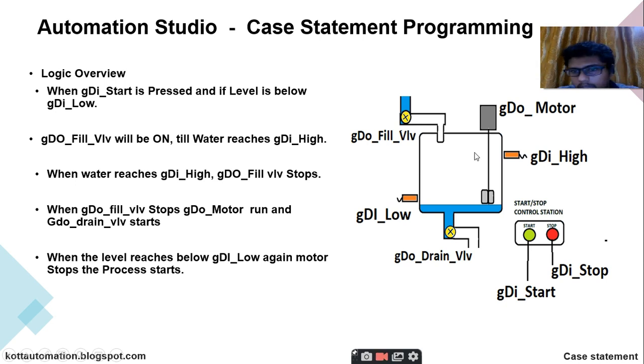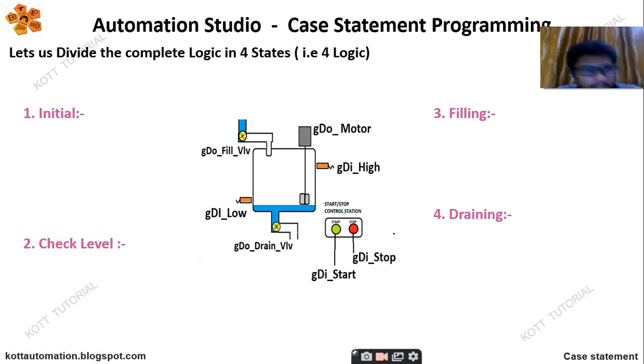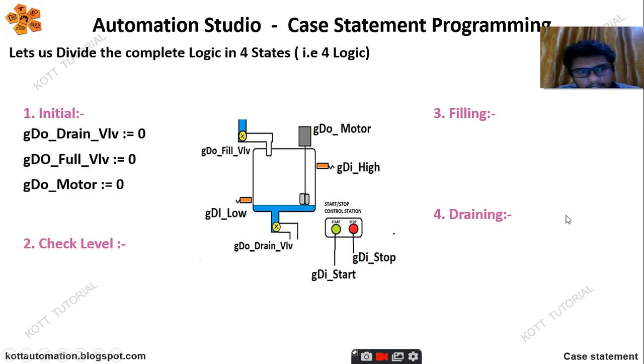So this logic is going to run in a cyclic manner. We are going to develop this logic in a case statement. So let us divide this complete logic into four states: initial state, check level state, filling state, and the draining state. At the initial state, all the outputs, drain valve, motor, and the filling valve will be off.